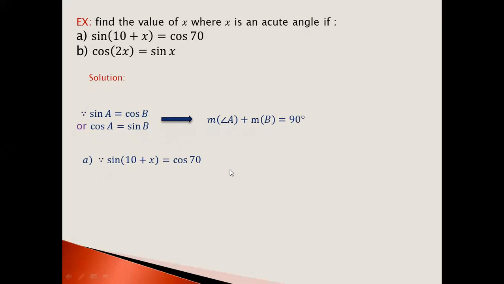So since sine of the angle 10 plus x equals cosine of the angle 70, that means we can deduce that 10 plus x plus 70 equals 90 degrees. 10 plus 70 equals 80. We can move 80 to the other side with different sign, or with negative sign. It's going to be 90 minus 80. So x is going to be 10.